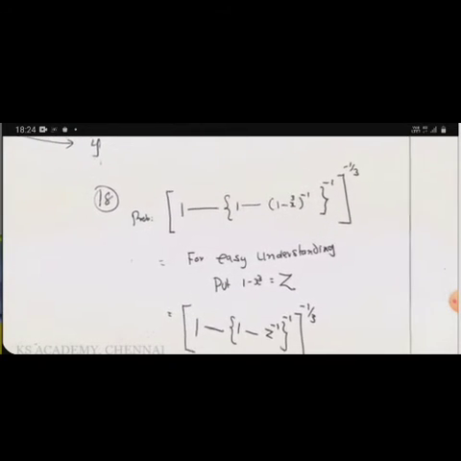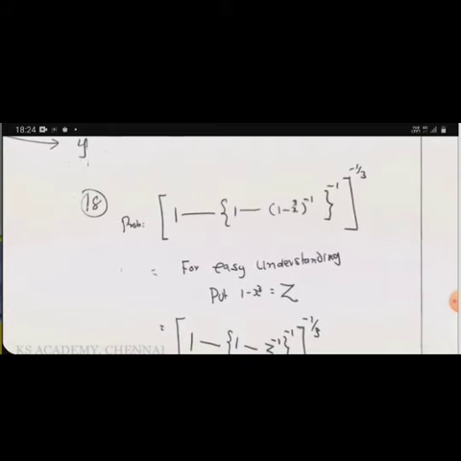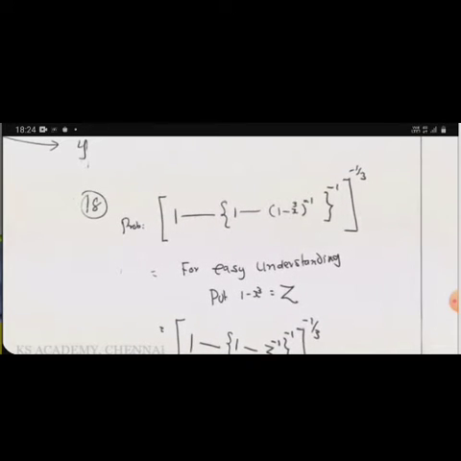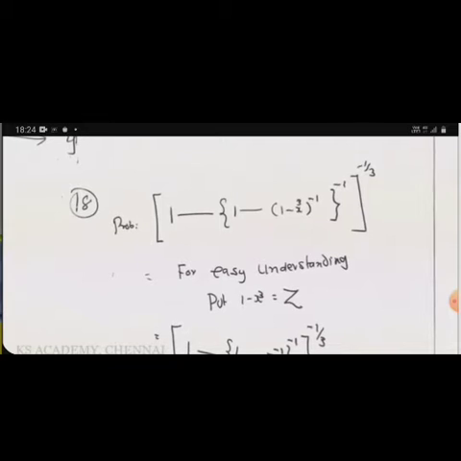Two terms I am making into single. Understanding is easy. 1 minus s cube, z. Z means 1 minus s cube. Easy to remember also. You are renaming 1 minus s cube as z.